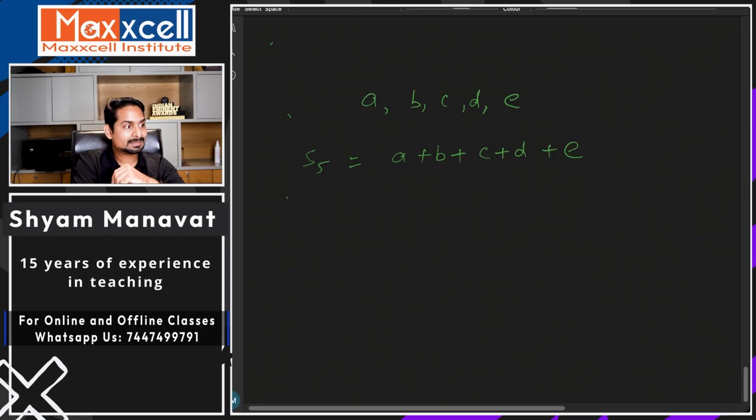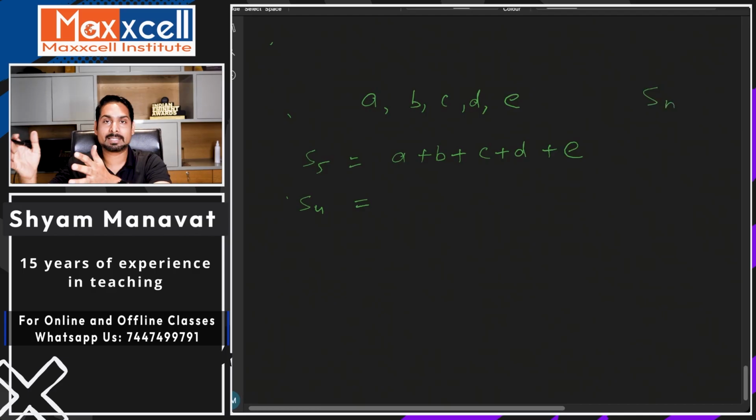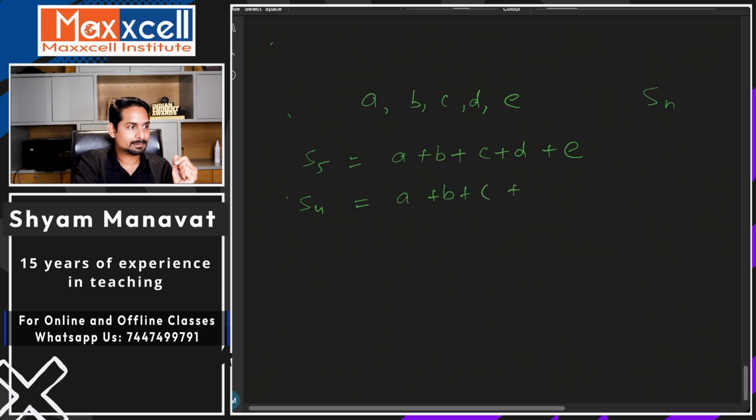Sn is always the sum of the first n terms, not random n terms. So S4 means the sum of the first 4 terms, which should be a plus b plus c plus d. Right? Now tell me one thing: if I do the sum of 5 terms minus the sum of 4 terms, what do you get? Look at this.